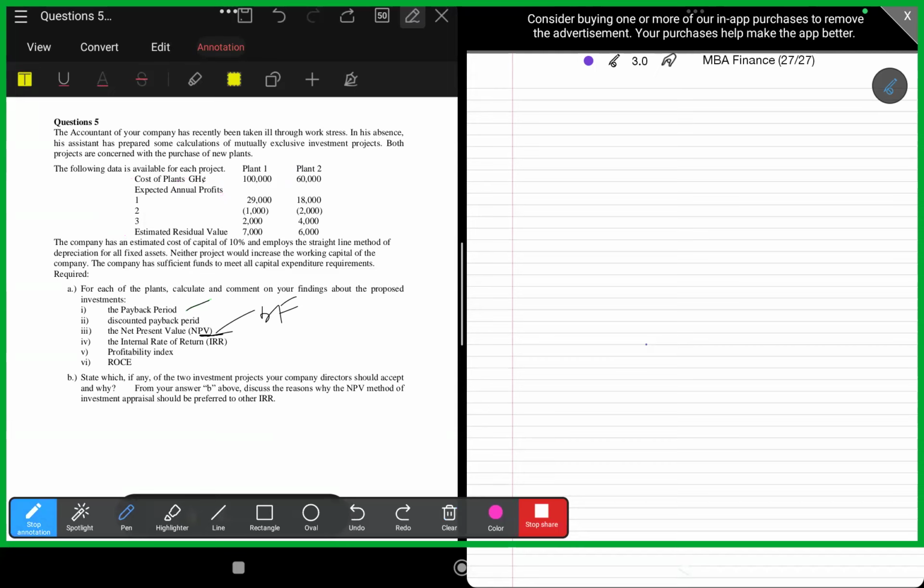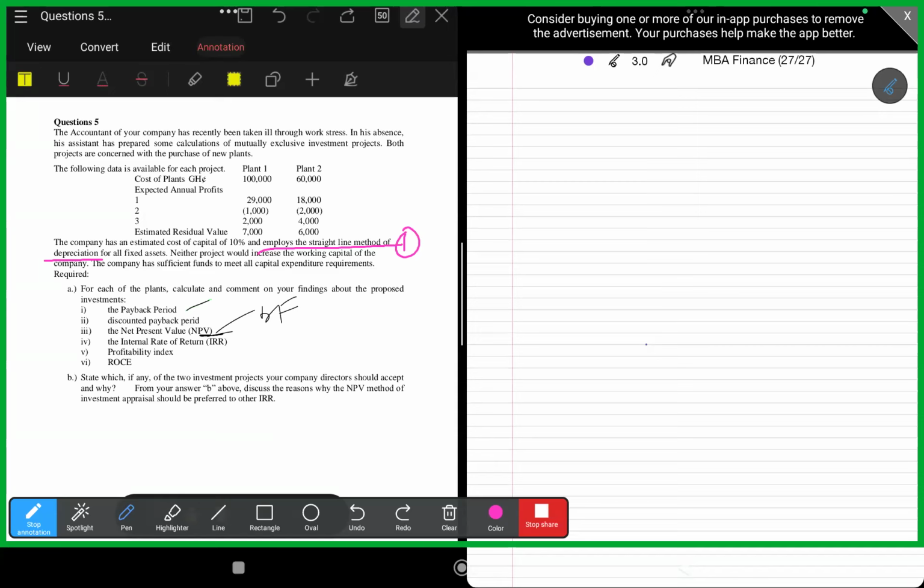The company has an estimated cost of capital of 10% and employs the straight line method of depreciation. So the company employs what? Straight line method of depreciation. If the question ever mentioned depreciation, there are two ways. Assuming that this question we're going to solve never mentioned anything like depreciation, the first point is we will not solve depreciation.